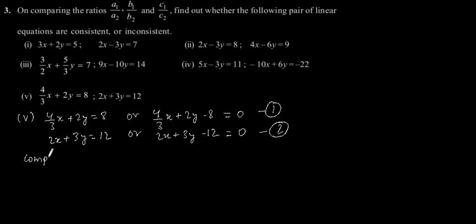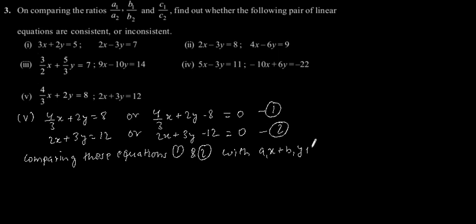Now comparing these equations 1 and 2 with a1x plus b1y plus c1 is equal to 0 and a2x plus b2y plus c2 is equal to 0.